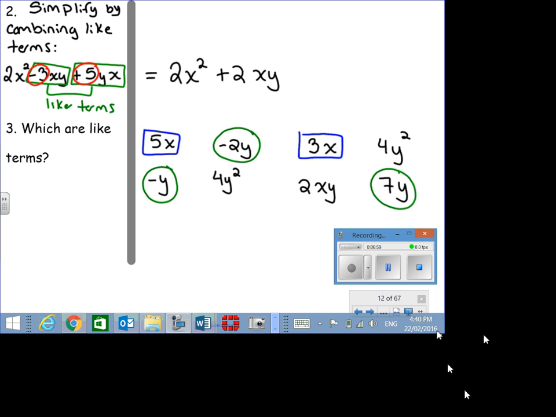I could also put together, let's put a triangle around these, positive 4y squared and positive 4y squared. Those are also like, so I can combine those as well. The only one that's not like any of the others is 2xy, and it's because it doesn't share the same exact pronumerals and exponents as the other ones do.